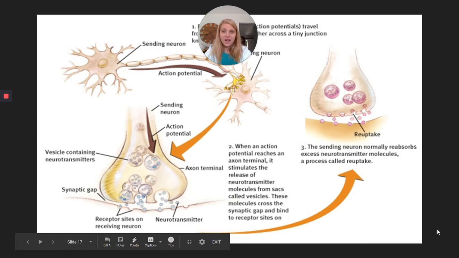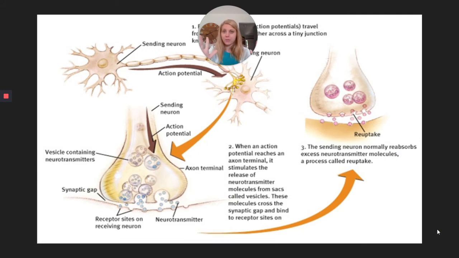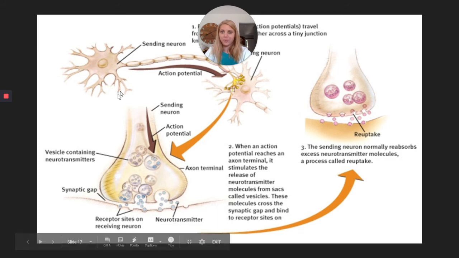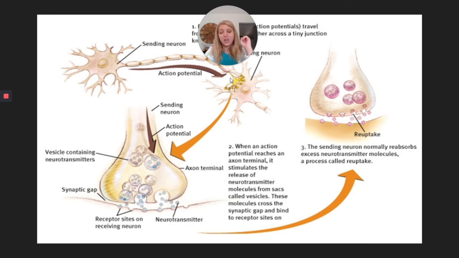So this is a diagram of a blown-up version of what we've got going on here. We had our dendrite right here. Here's our soma. Here's our axon. Notice the action potential, how we mentioned that it is often depicted with that arrow. It's my energy source, and it's also going to be my chemical messenger.